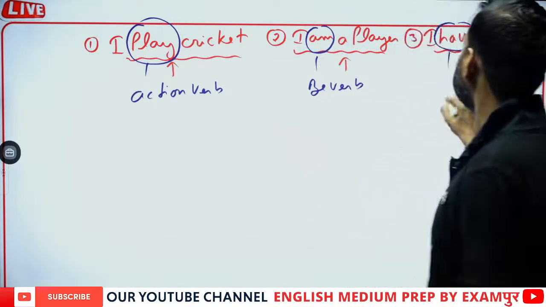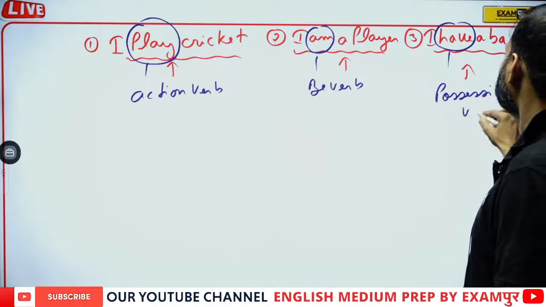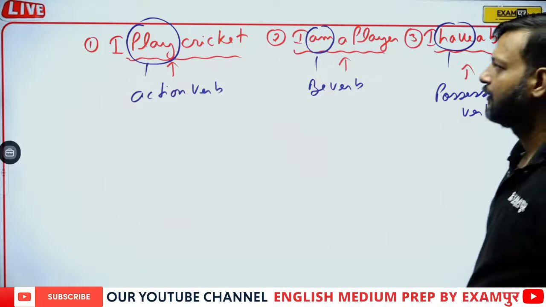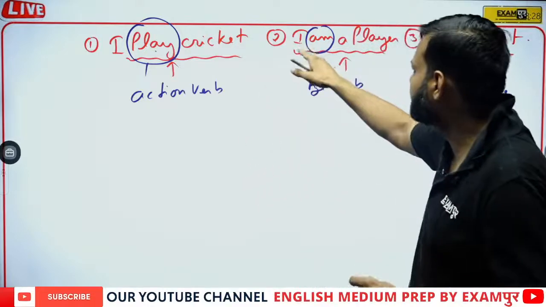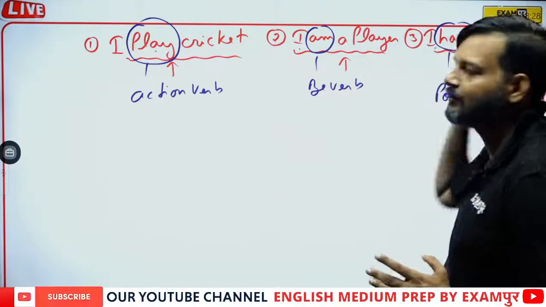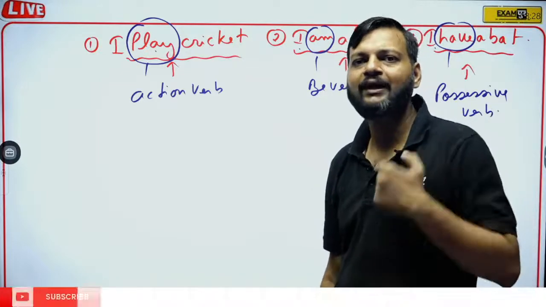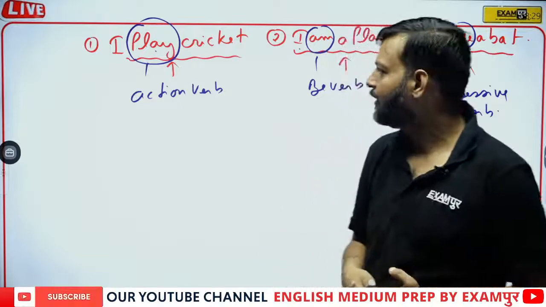And this is called a possessive verb. So in I play cricket, we have subject and first form. Here too we have subject in first form, and here too. So don't get confused with the verbs. All 3 are the first form of verb. That's why all 3 are present indefinite tense.